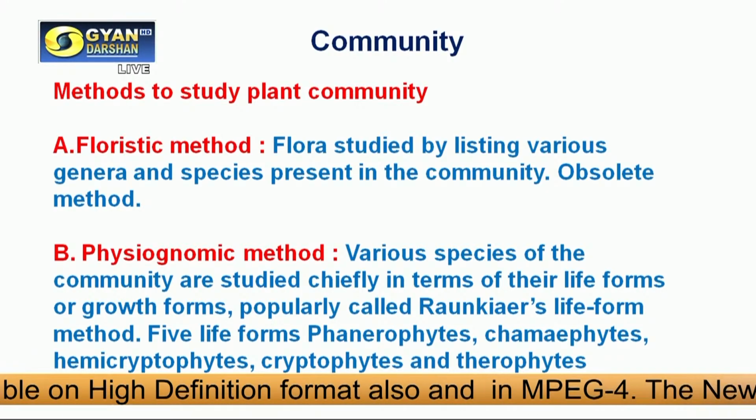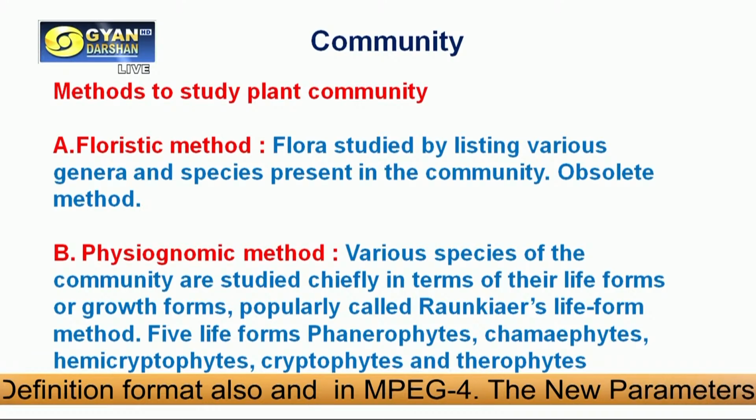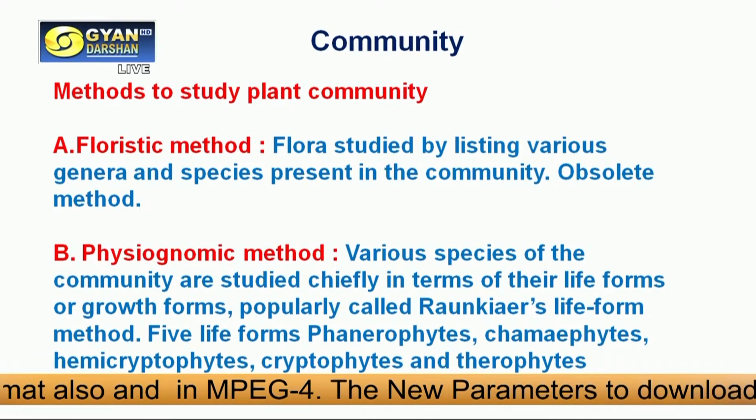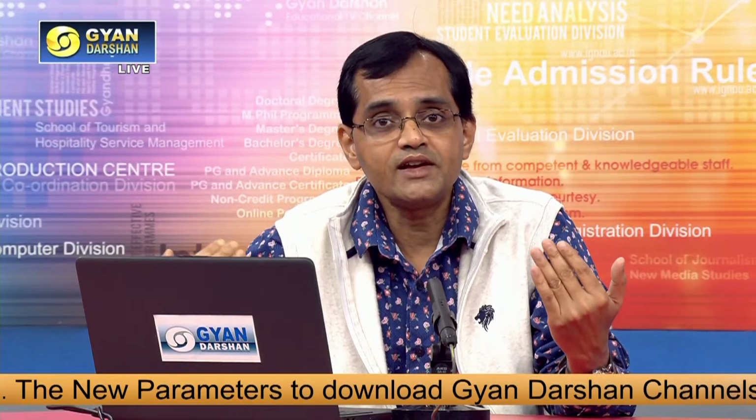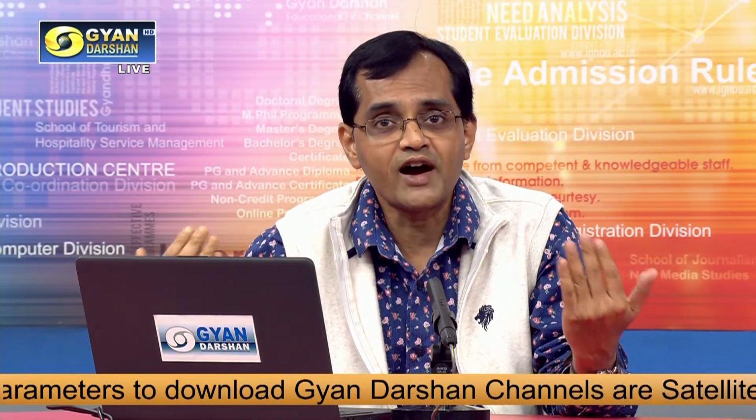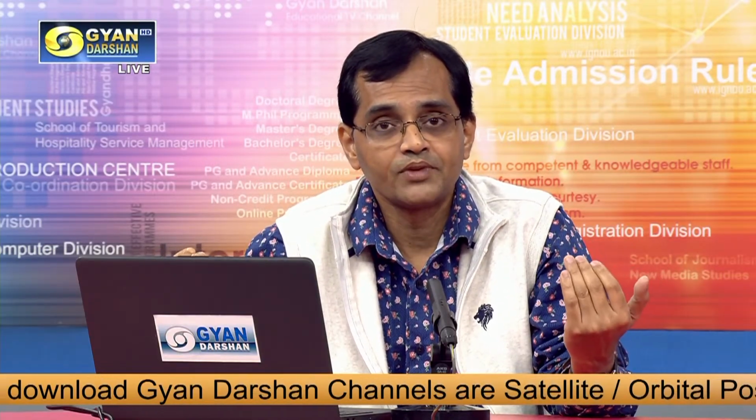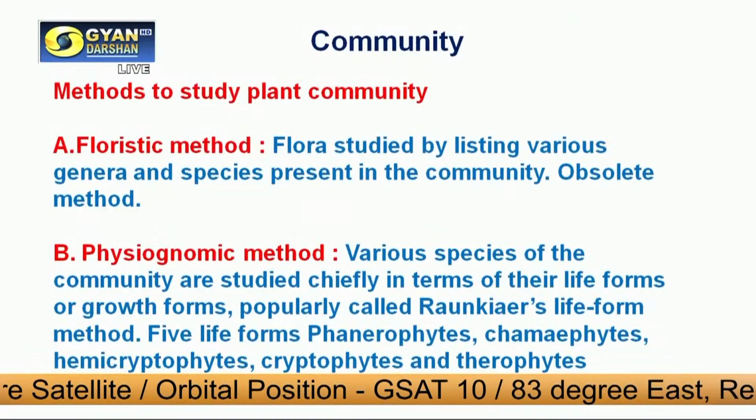But just to introduce you right now, Raunkiaer said that all the plants, whatever plants you find on this earth, can be grouped into 5 life forms. What are these 5 life forms?